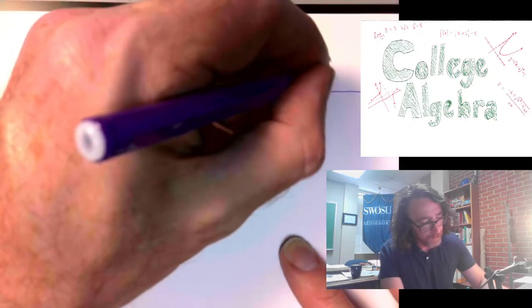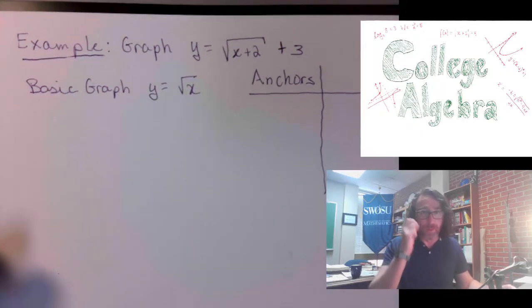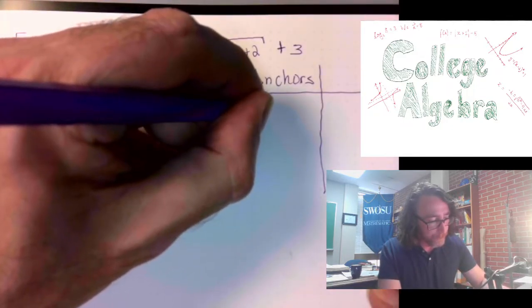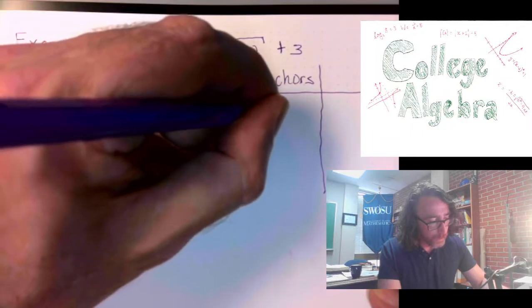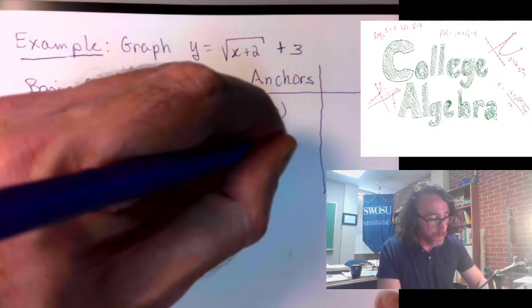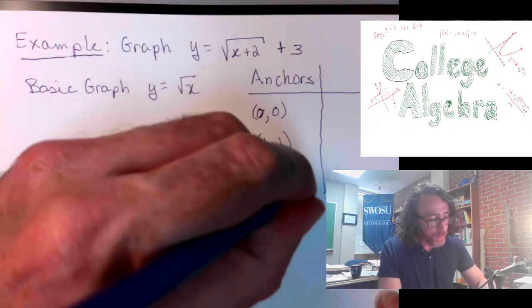Now, I mentioned in our last video, not only do we need to remember the basic shape of our graph, we needed to remember some anchor points. One of the anchor points was 0, 0, 1, 1, and 4, 2.